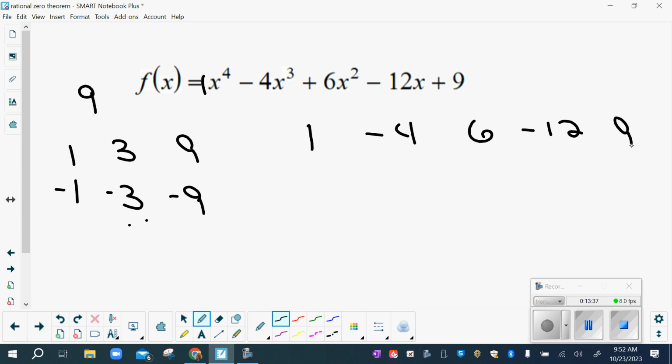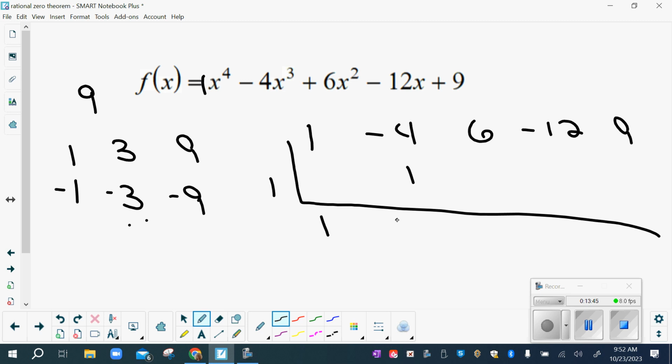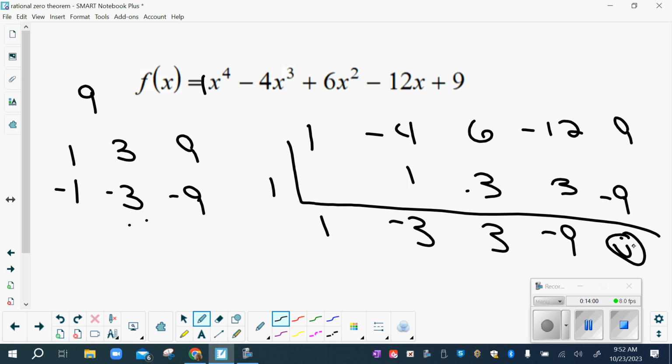Is it 1 or -1? I'm going to try 1 and we'll see what happens. 1, -3, 3, -9. Ooh, that does work. Bingo! Yeah, I'm so happy.